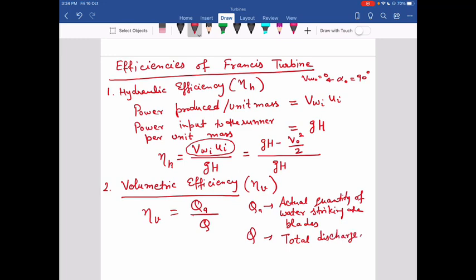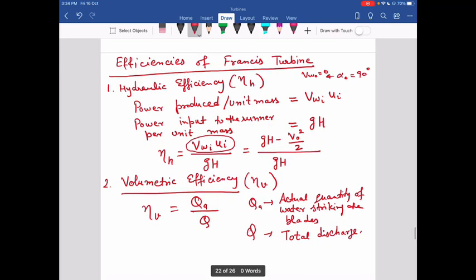So this gives us the volumetric efficiency.